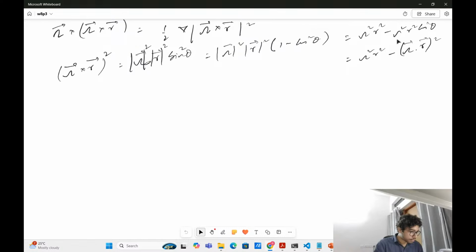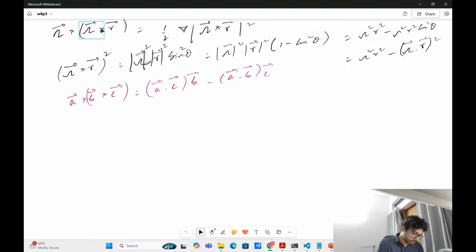Another thing is that we also know this identity, A cross B cross C equals A dot C times B minus A dot B times C. We are going to use this identity to reduce the term omega cross omega cross r.